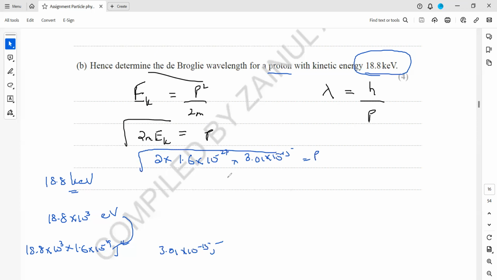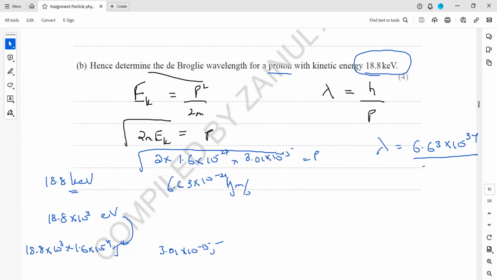That will give us the momentum in kilogram meter per second, or Newton second. After getting the momentum, the de Broglie wavelength is h, the constant value 6.63 into 10 power minus 34, divided by the momentum.